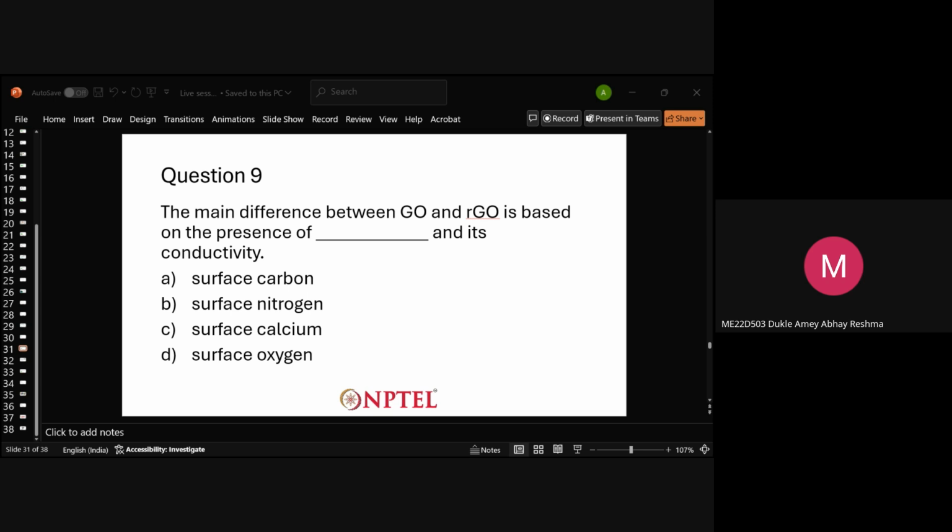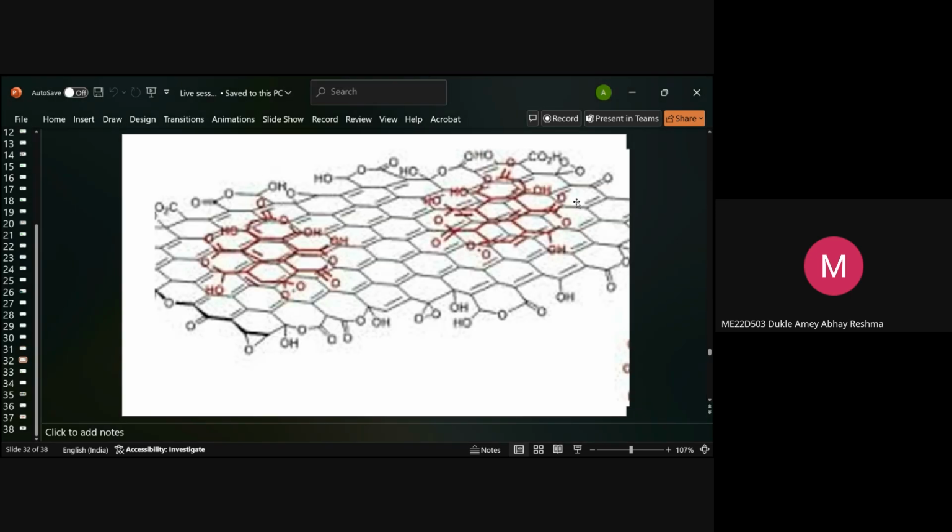To give an overview, this is how a graphene oxide structure looks. What you can see in red is what differs between graphene oxide and reduced graphene oxide. In reduced graphene oxide there is an absence of surface oxygen, whereas in graphene oxide there is a presence of surface oxygen.